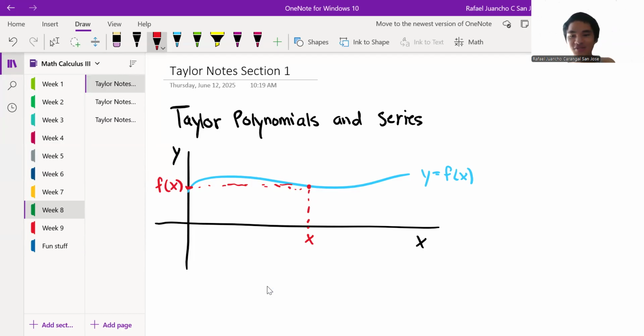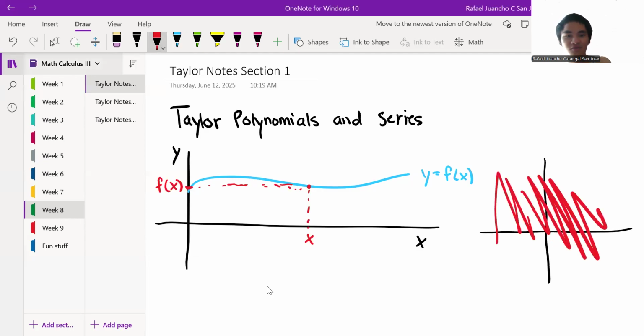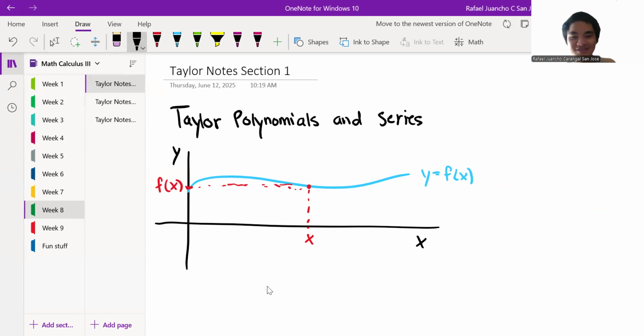And so we would answer that using mathematics. But the thing is, sometimes these functions are too complicated, and if they are too complicated, we cannot answer the questions we'd like to ask. Like, what if we're given some sort of function like this? I don't even know how in the world you can read that.